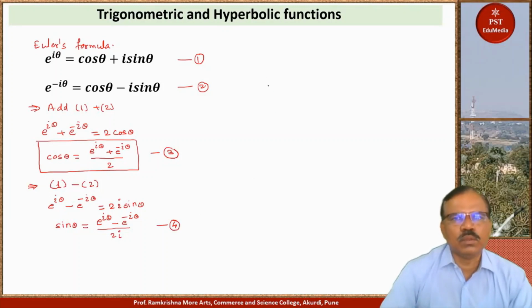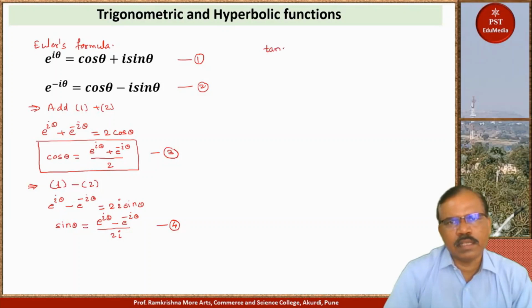Now let us go to tan theta. We know tan theta is equal to sin theta upon cos theta. So tan theta is equal to equation 4 divided by equation 3.